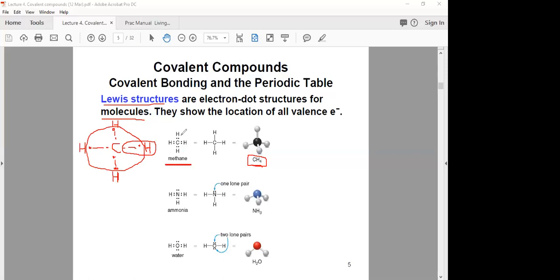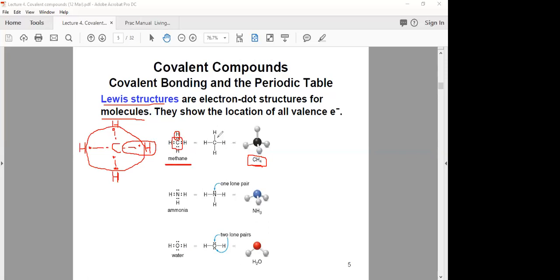Now that's a bit messy, but we can see it also here, the way that it's drawn here. So we can see each hydrogen is surrounded by 2 valence electrons, and I won't indicate that for each of the hydrogens, but just as importantly, that central carbon is surrounded by 8 electrons rather than just 4.